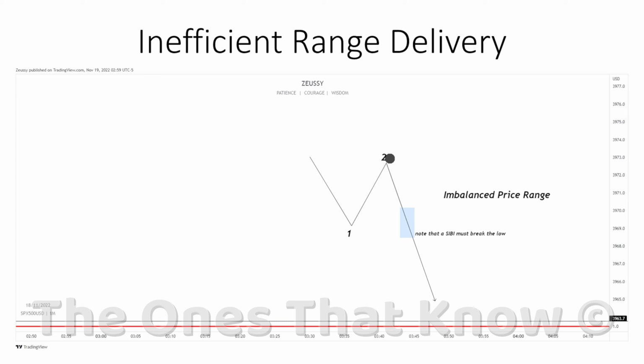I will talk about them more in the future, but for now, it's just important to understand the basics of market structure. We can see that the market trades lower, lower, lower, or delivers sell side into this 1. This can be any price, this is just theory. So the market delivers sell side, then it delivers buy side, and then it delivers sell side again.